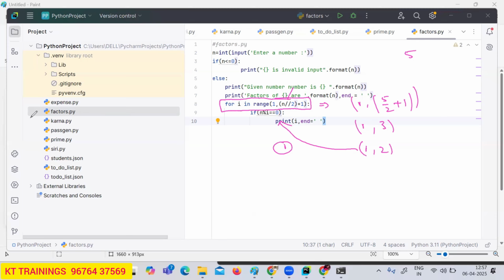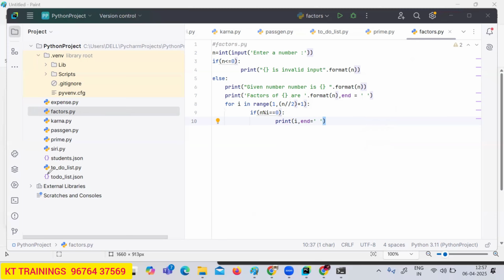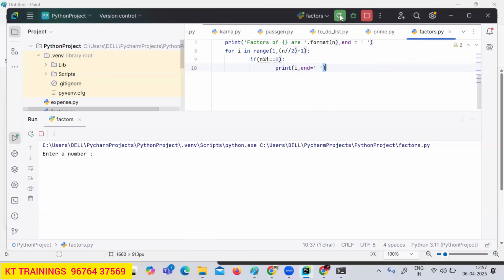Shall we execute the program? Yes. I'm executing this program. Enter a number. I'm entering 10.